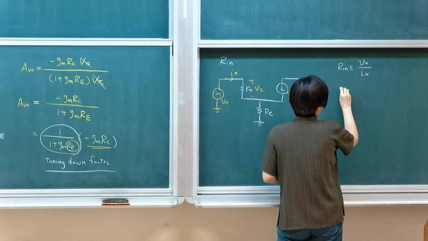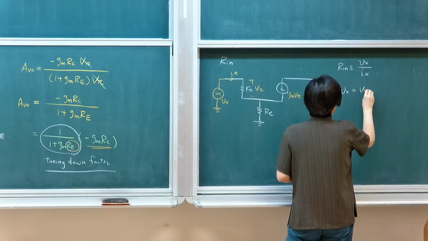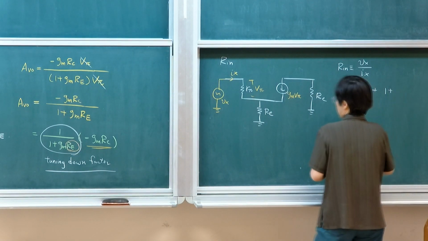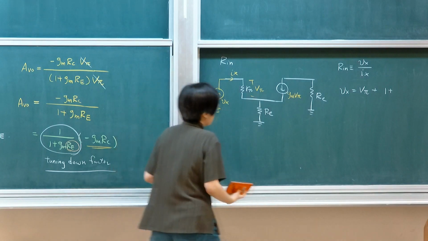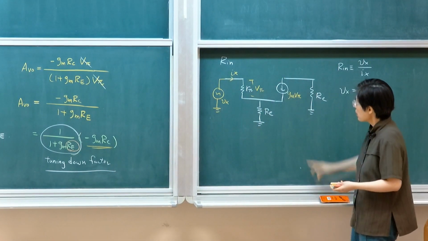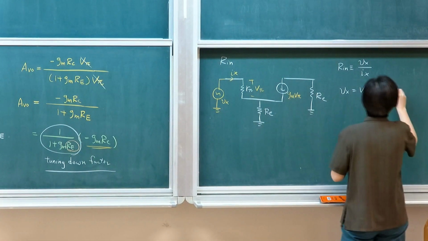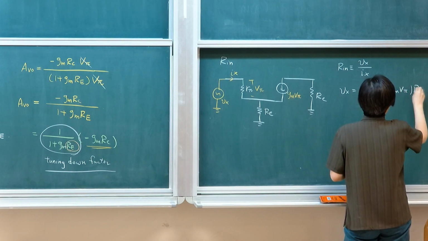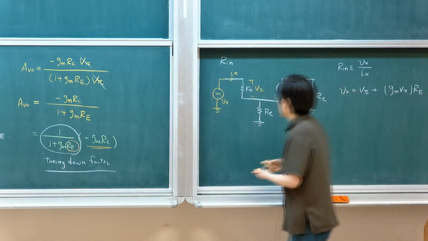Vx is, once again, V pi plus, sorry, I'm moving too fast. The current coming down is gm V pi times RE, right?